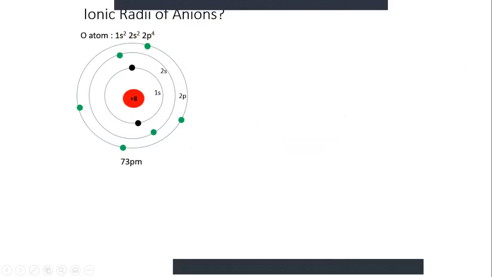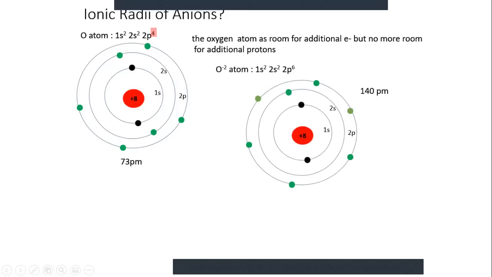Now for anions, here we look at oxygen. We talked about how, as you get more valence electrons, you get greater effective nuclear charge, less electron-electron repulsion. But when we go from oxygen to oxide, we're actually starting to crowd the outer energy level.